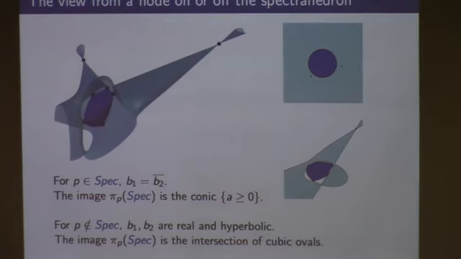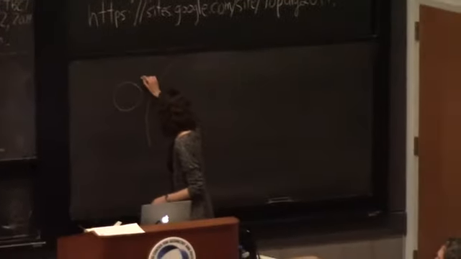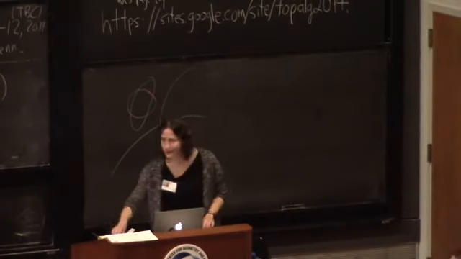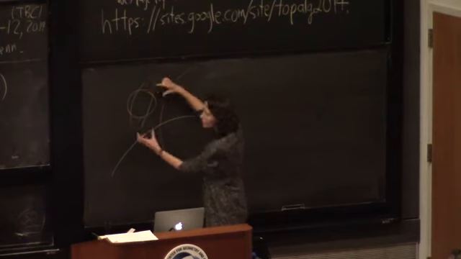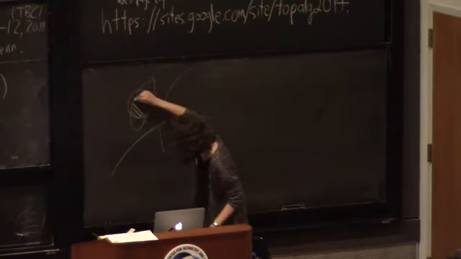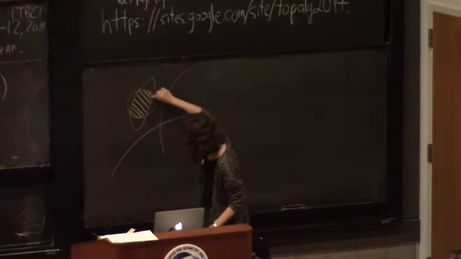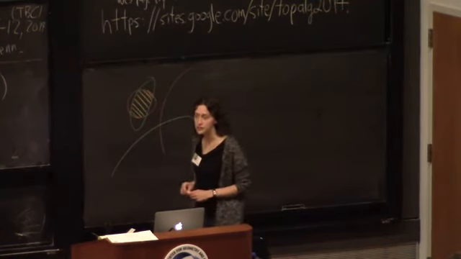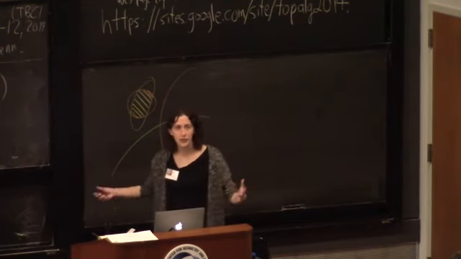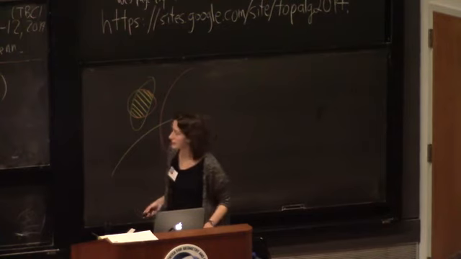Yeah, so you have a red cubic branch and a green cubic branch, and they have ovals. Sort of, they bound disky things and intersect. So this would be the image of the spectrahedron under this projection. And that turns out to be the real and spectrahedral analog of Cayley's statement.